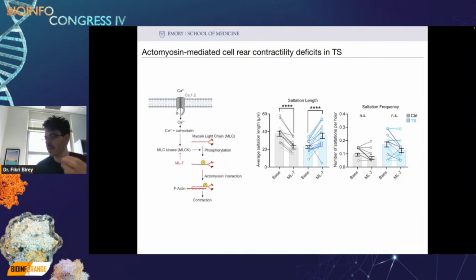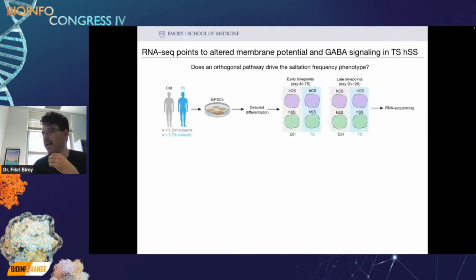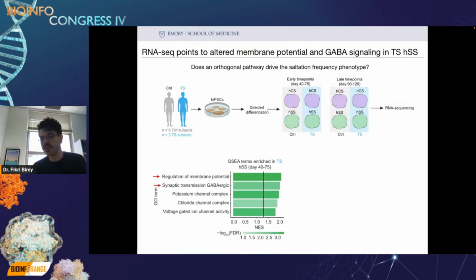It's just like, why? We figured out the contractility deficit is completely separated from overall motility of the cells. To figure out what is going on, we went back and did an unbiased RNA sequencing experiment from various different time points, from the hSS, from different patients and controls. I'll cut a long story short and just show one plot to summarize the relevant finding.